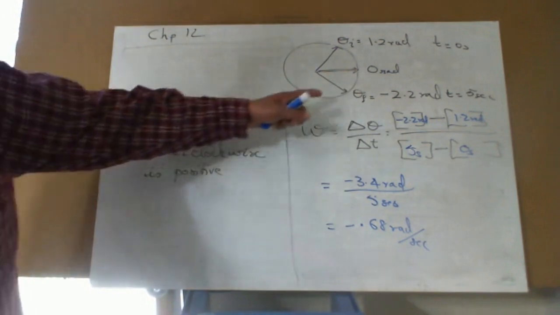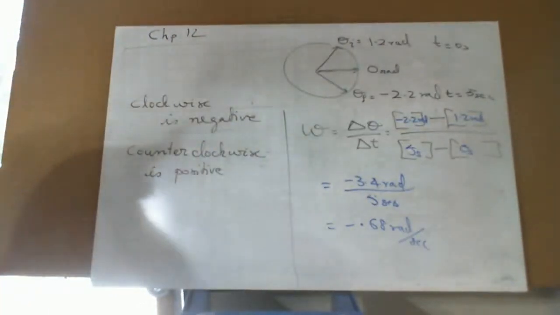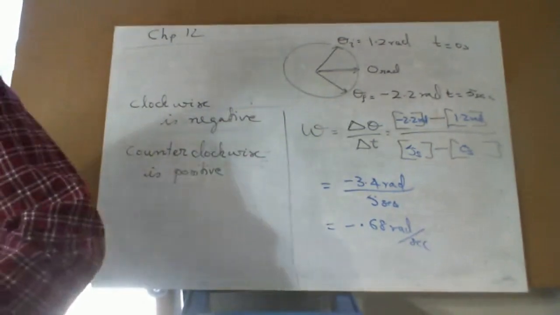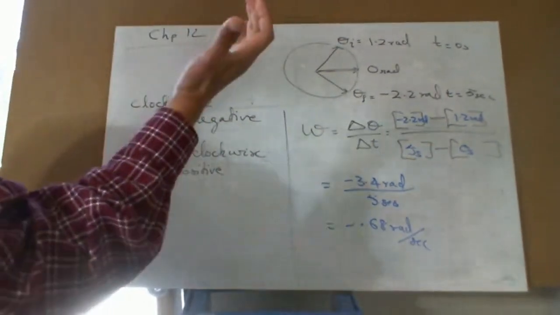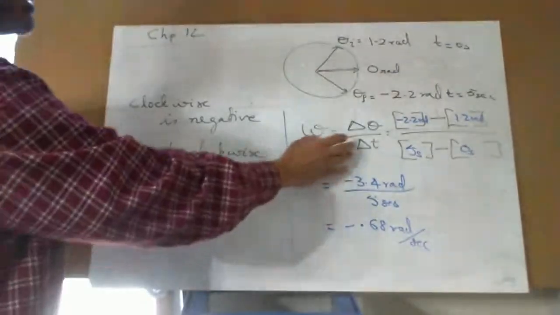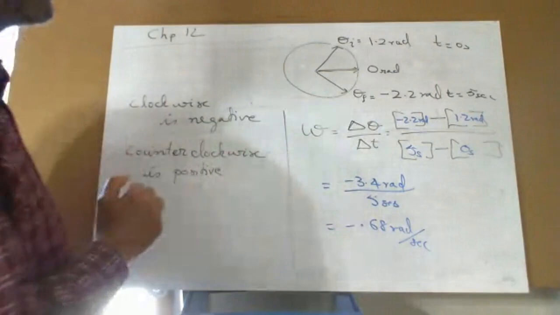So this is clockwise, so it's a negative. Now the book uses, to define directions, remember these are vectors, okay? Change in position over change in time. We have to give it a direction.